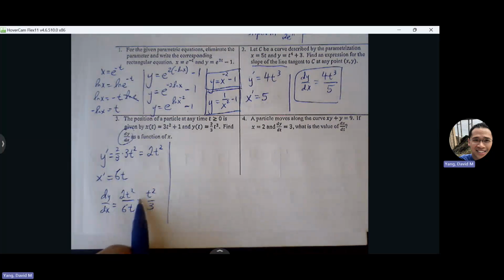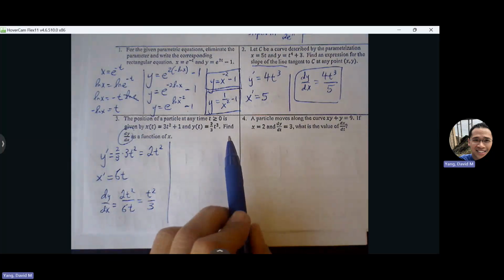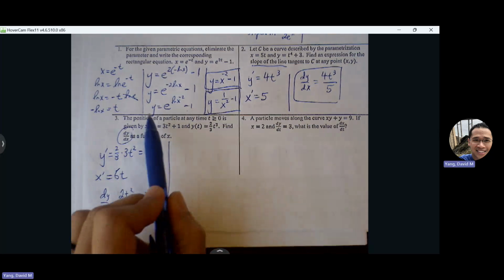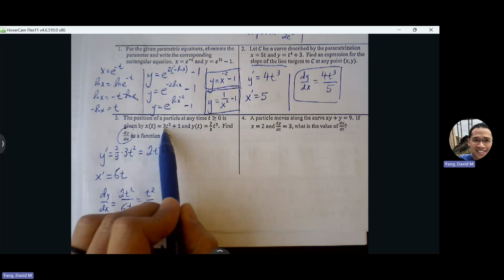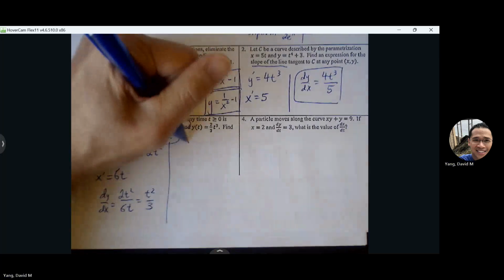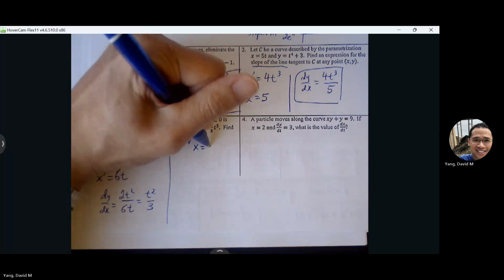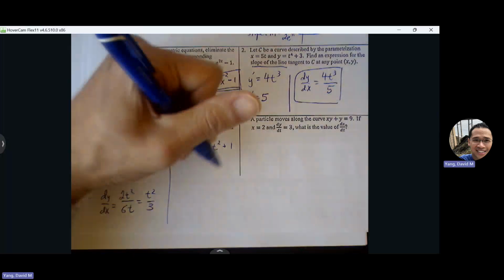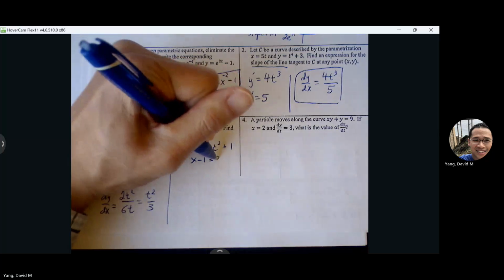So we have our derivative in terms of t, but they want the derivative in terms of x. So let's find a replacement for t in terms of x, and make that substitution back into my derivative equation.